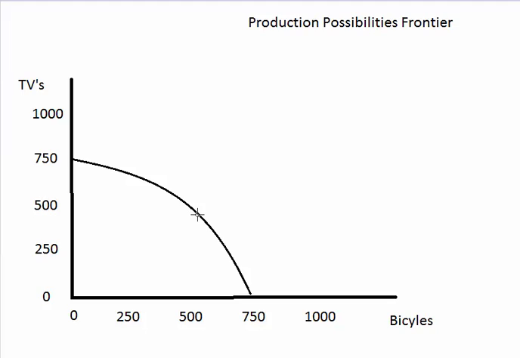Now, as we follow this curve, we can see how the production of the quantity of TVs and bicycles change as they allocate resources towards one product or the other.